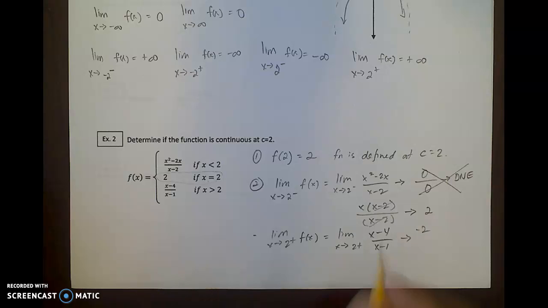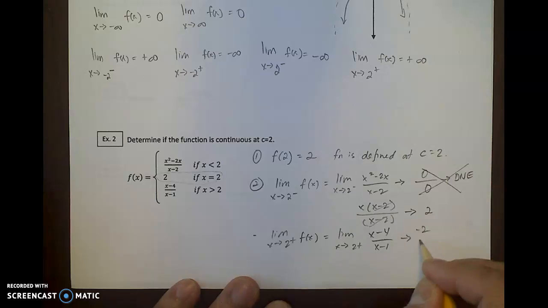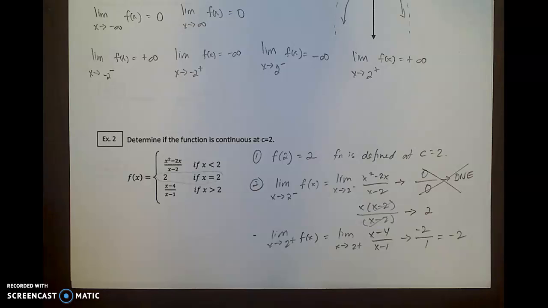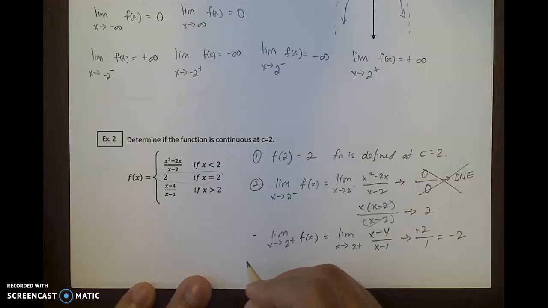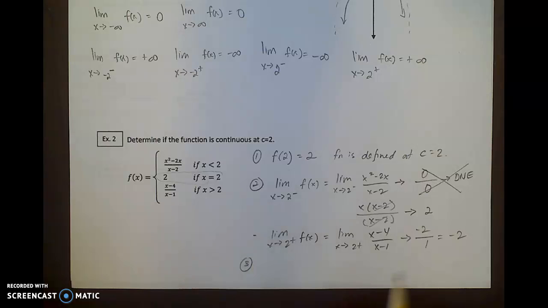We plug 2 in for x in the denominator, we get 1. So the limit coming from the right of 2 is negative 2. So the limits do exist from both the left and the right.